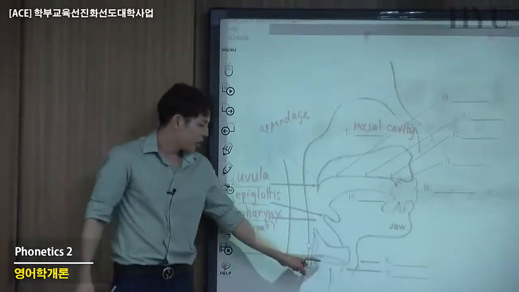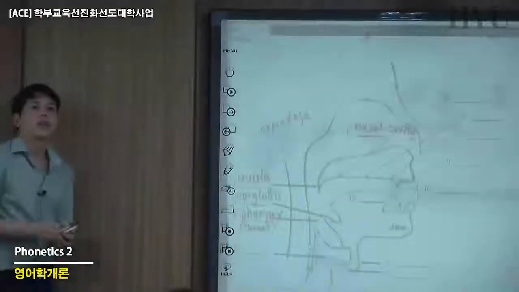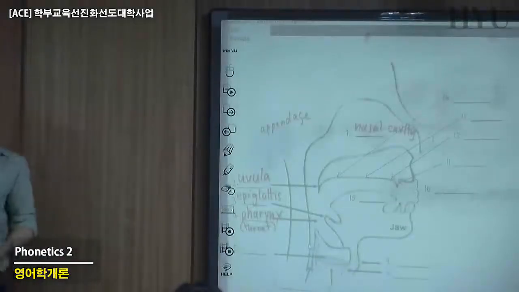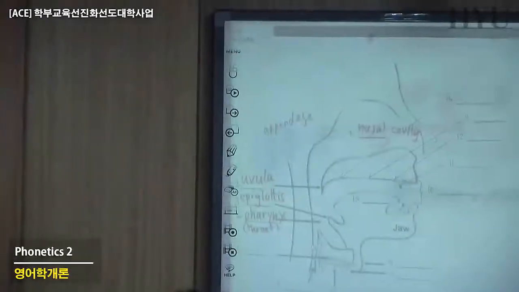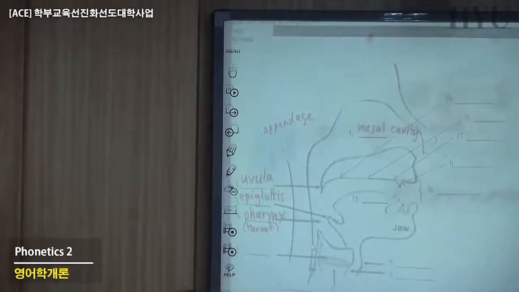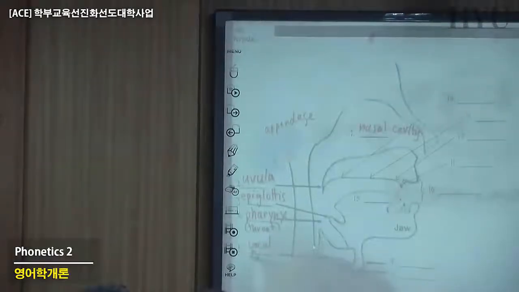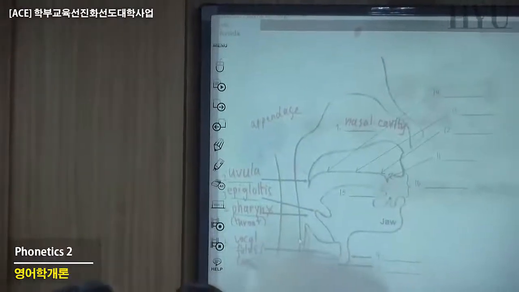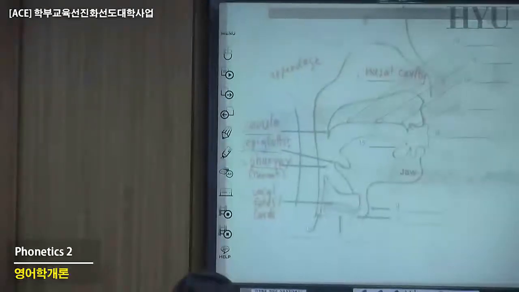Number five, you know these two bands of membrane involved in the phonation process, making the sounds voiced or voiceless. What are they called? The vocal folds or vocal cords. You can use whichever term you want.